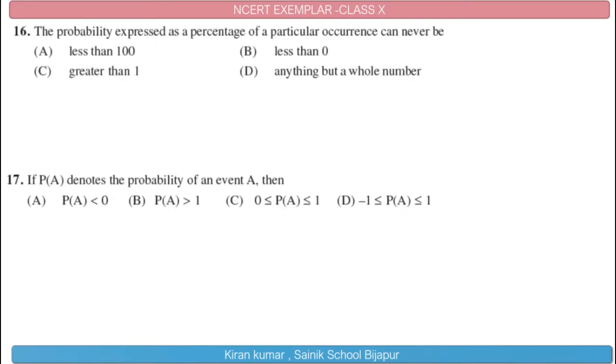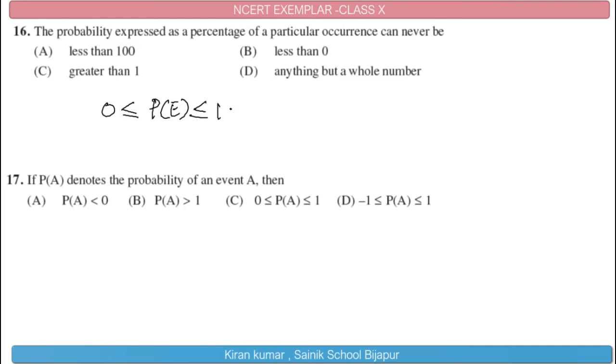Question number 16. The probability expressed as a percentage of a particular occurrence can never be: less than 100, less than 0, greater than 1, anything but a whole number. Here we know that the probability of an event lies between the two numbers 0 and 1.